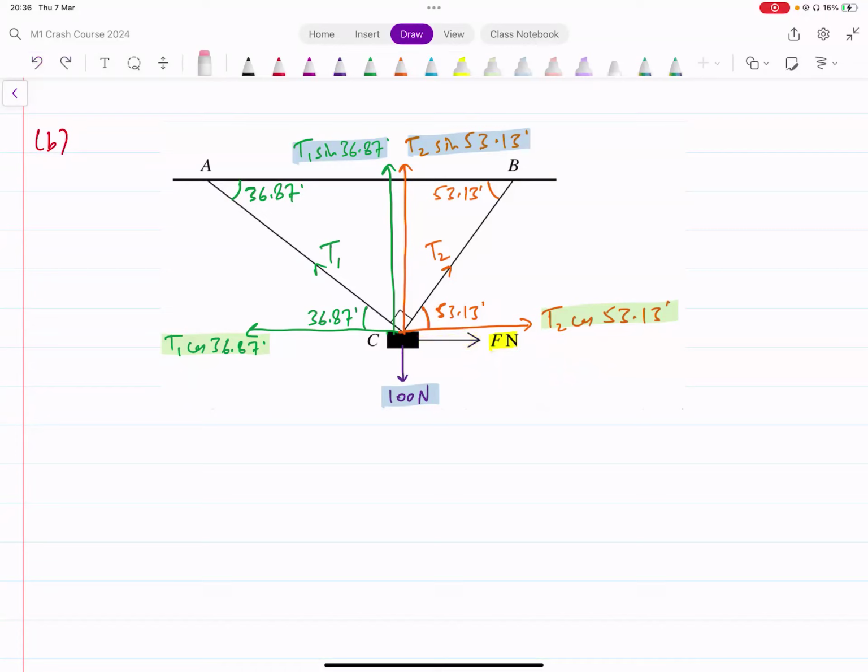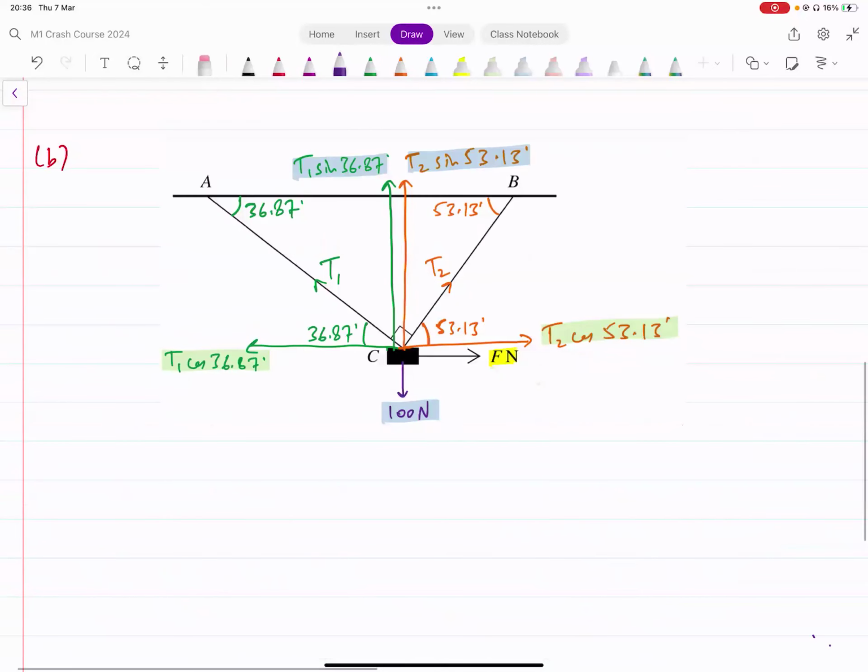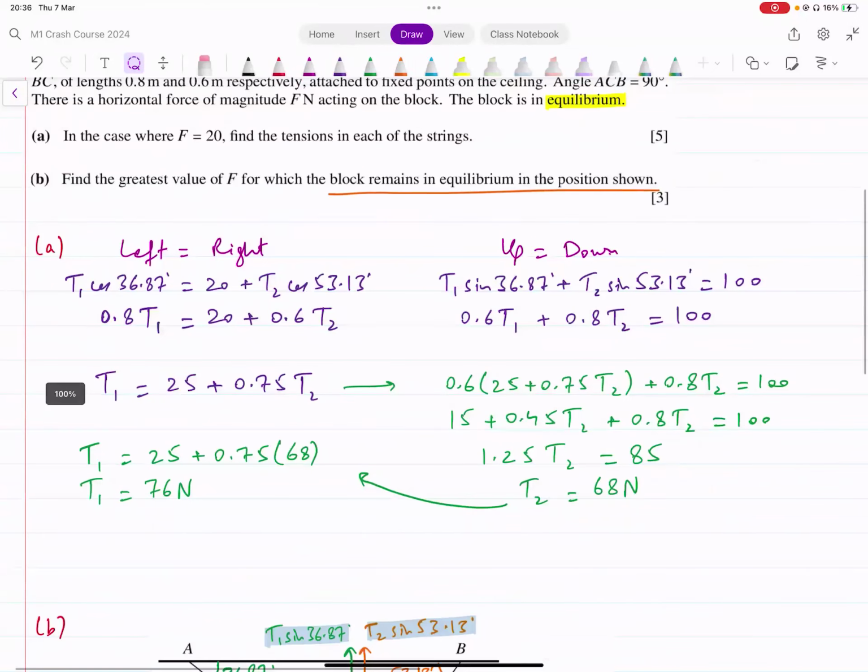Now, everything here is exactly the same as in the previous part. Nothing has changed except the value of F. In the first part, we were given that the value of F is 20. Now we don't have that value, but it's still equilibrium like before. So the opposite forces are still going to be equal. The forces acting towards the left side are still equal to the forces acting towards the right side. Upwards forces are still equal to the downward forces. So these equations that we wrote here are still valid.